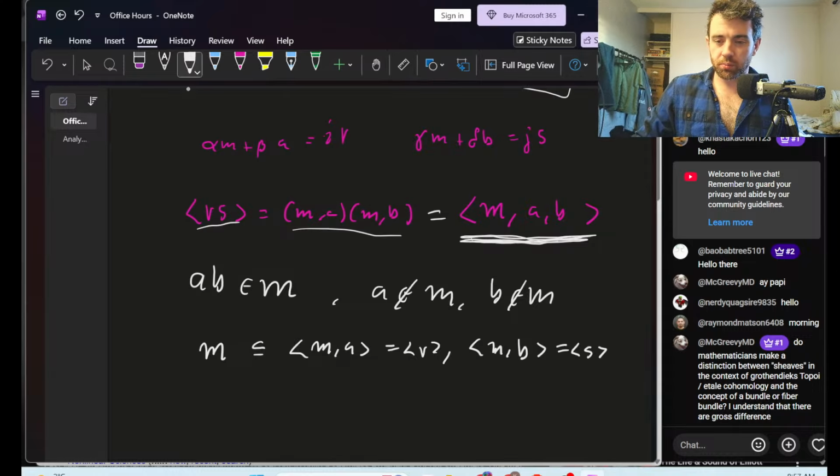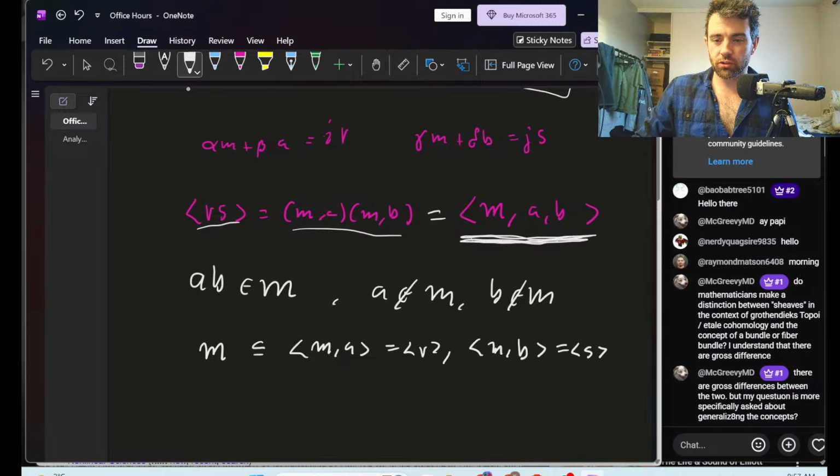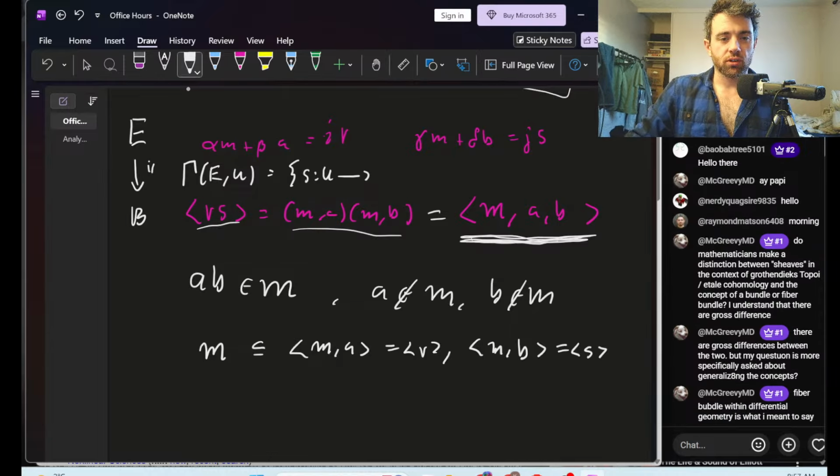Yes. Well, fiber bundles are just not sheaves. But if you have a fiber bundle, then you can form the sheaf of sections. So over the open set, these will be the sections of your bundle.